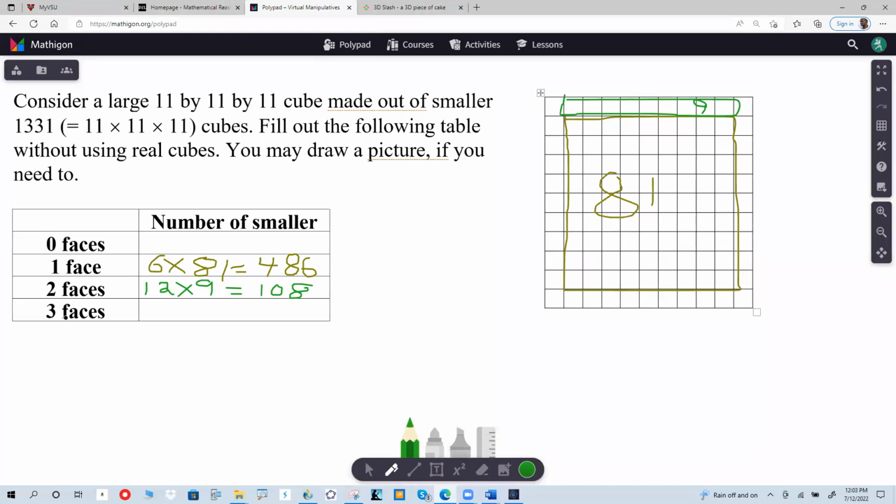I'm going to write 9, but there are 12 edges, so that's 108. And three face showing cubes is always 8, at the 8 corners. Let's write 8 times 1, 8 for the 8 corners.